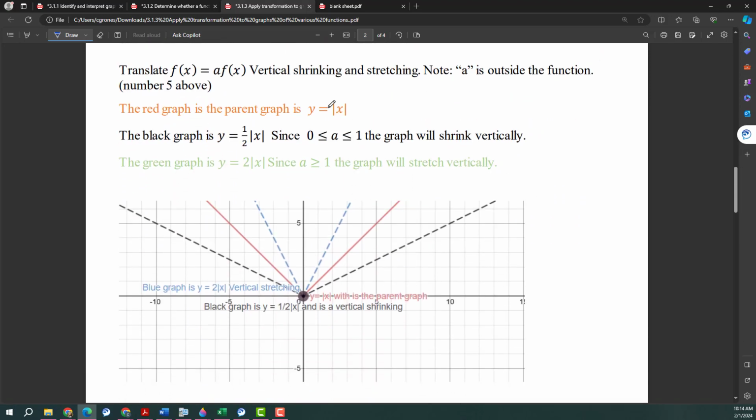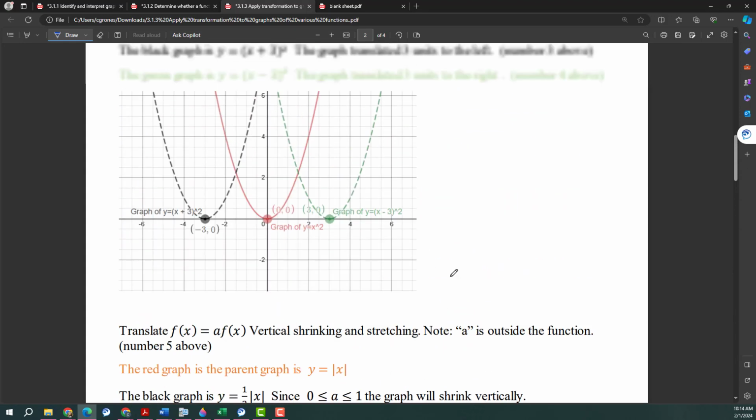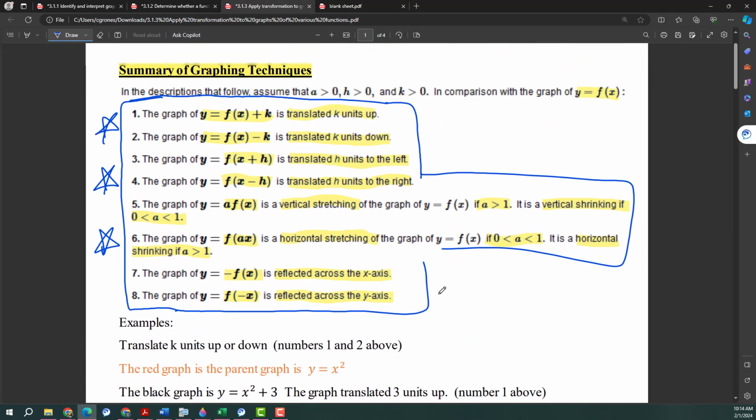The next one, we are looking at the shrinking and stretching of our graphs. Our parent graph, the red one, is going to be y equals the absolute value of x. Let's look at our rules real quick.